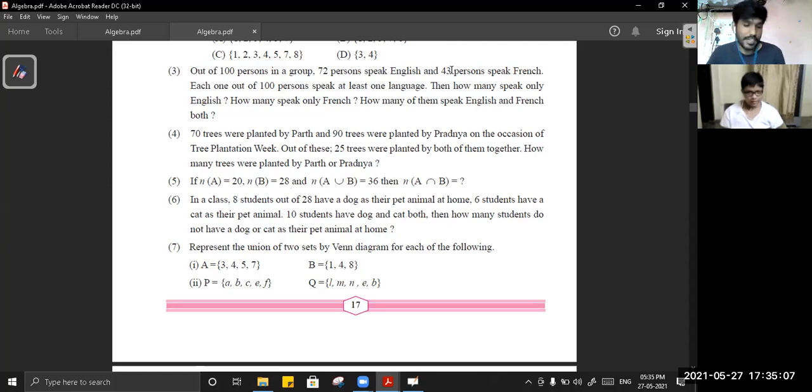Now, one thing you missed writing is N of A is equal to 70. That you have to mention. N of A is equal to 70. Then N of B is equal to 90. Then N of A intersection B is equal to 25. All that you have to write first and then substitute it in the formula.